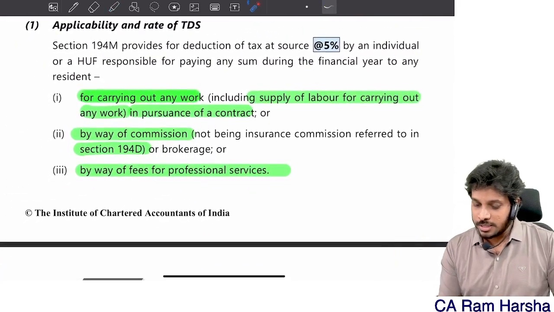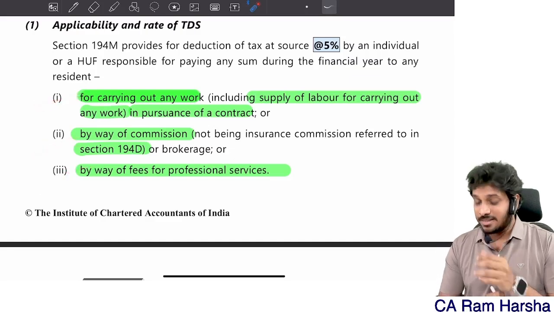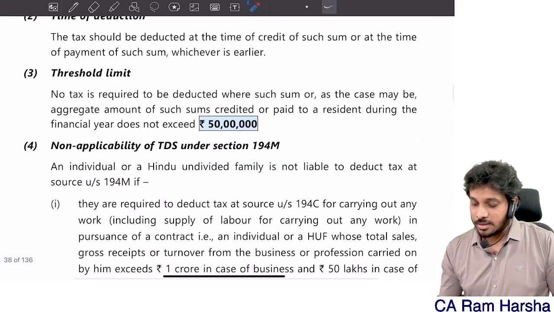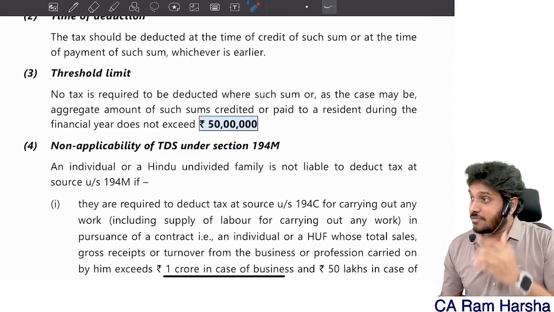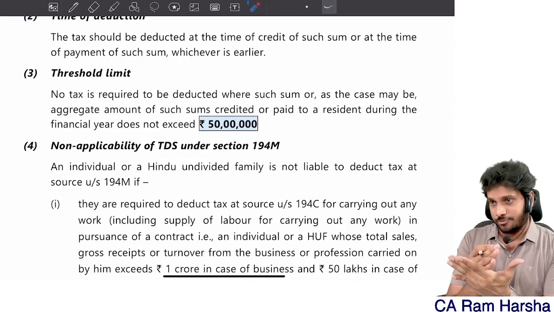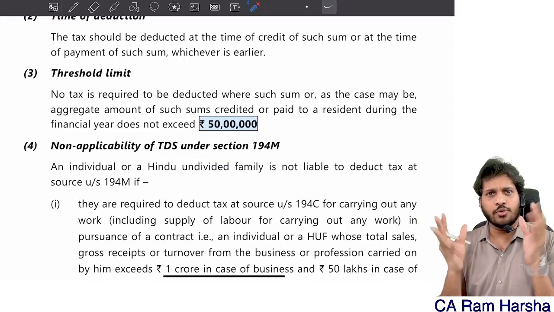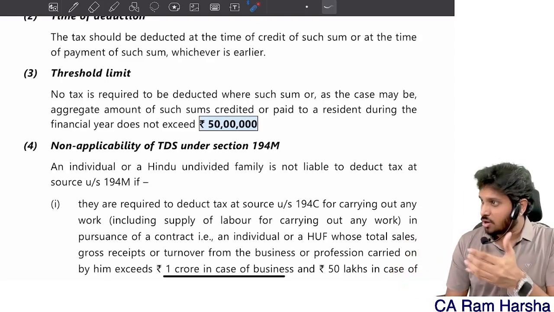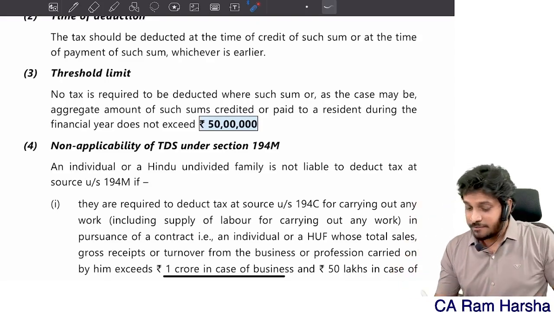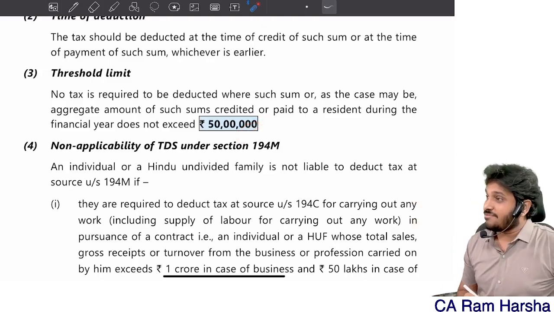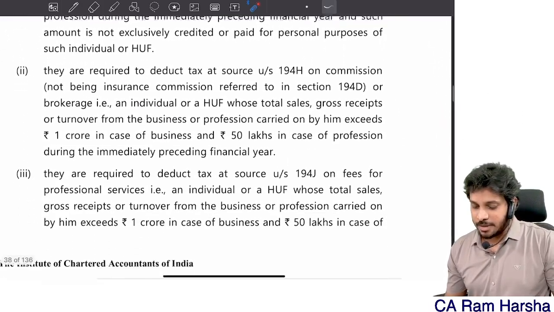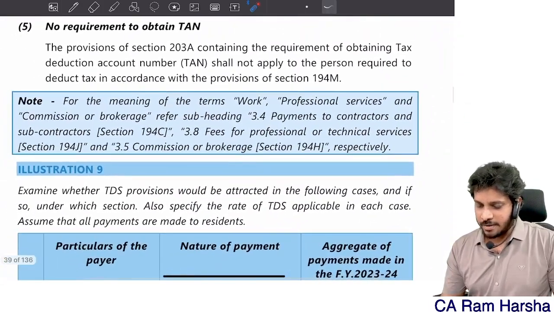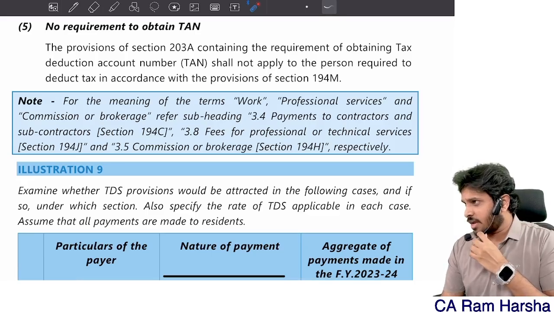Now, for all these 3 cases, TDS is applicable if the individual or HUF does not have business income, or has a business turnover of more than 1 crore, or profession receipts of more than 50 lakh. If he is making a payment of more than 50 lakh, what is the rate of TDS applicable? 5%. Straight away 5%. In all these cases, straight away 5%.